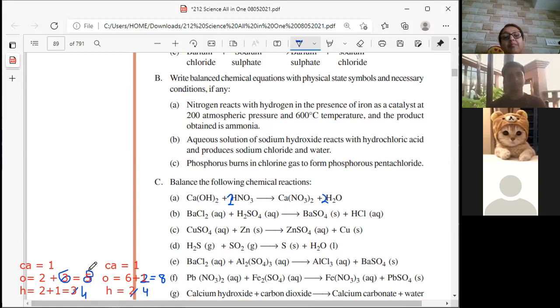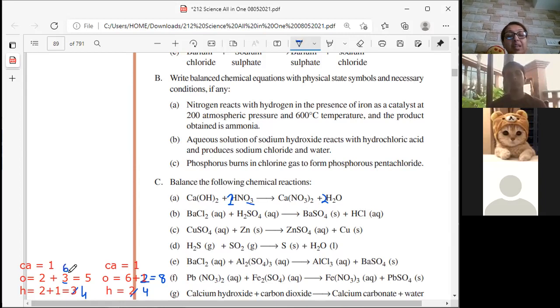Where will you put that 6, teacher? Pardon? See this. First I had O3, so I had written 3. Now I have 2HNO3. So 2 3s are how much? 6.